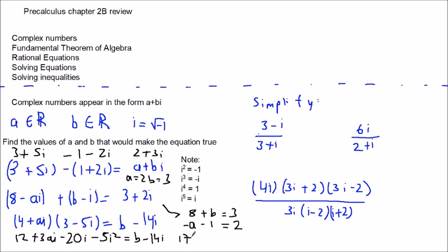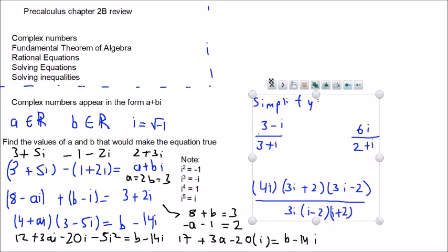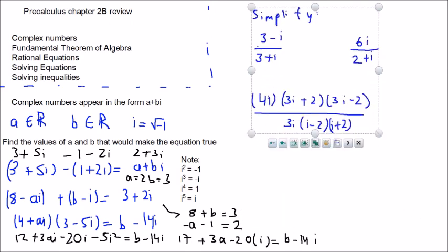So we'll have 17, and then this is plus 3ai minus 20i, that's plus 3a minus 20 i, is equal to b minus 14i. I already know that I won't have enough space for this, so I'll just move everything up here quickly. There you go. So we have b minus 14i right here. It will be equal to this.